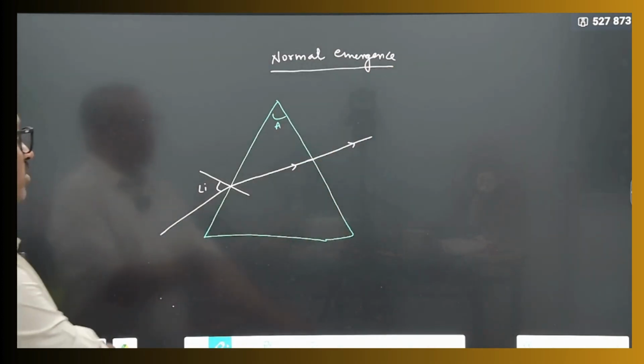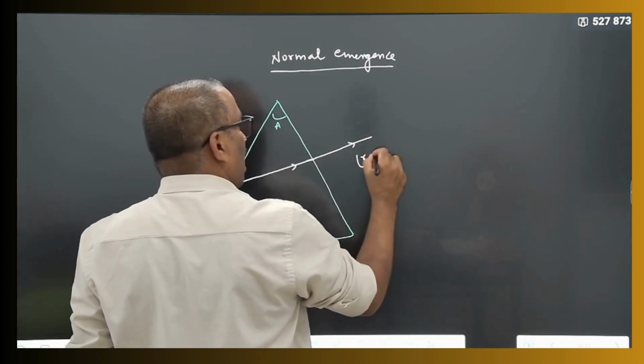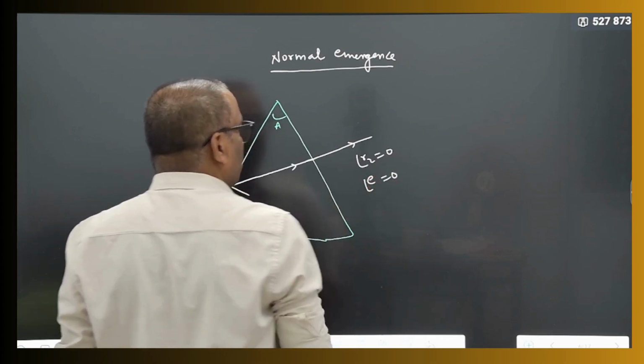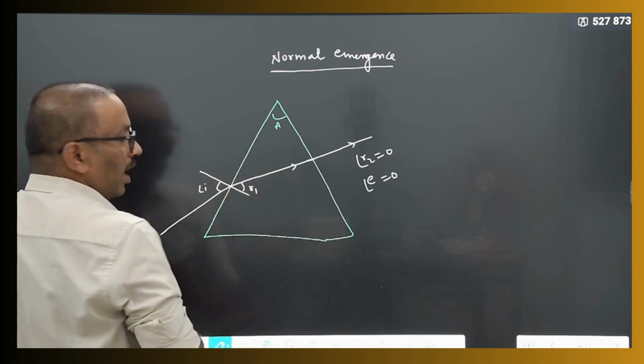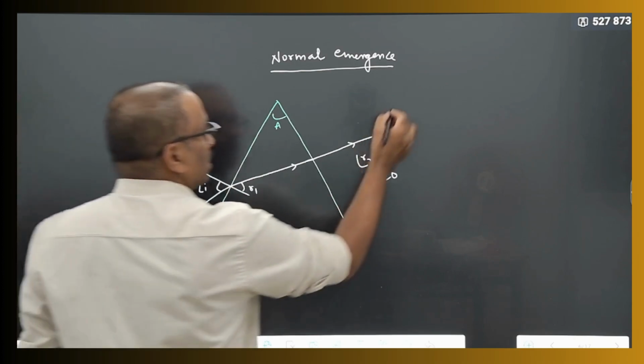Normal emergence means it is coming out along the normal. Therefore angle R2 will be equal to 0, and the angle of emergence will also be equal to 0. This is your angle of incidence, and this is your angle of refraction here.